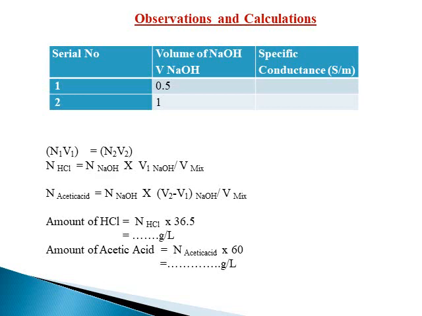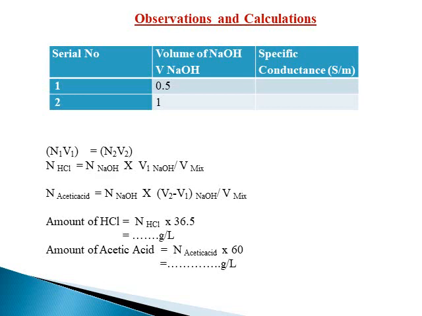Now from this you want individually, so normality of HCl is equal to normality of NaOH into V1, that you are obtaining from the graph, that we will see when we are explaining in the applications. V1 from the graph of NaOH, divided by V mix. V mix is the initial amount of acid mixture which you are pipetting out.